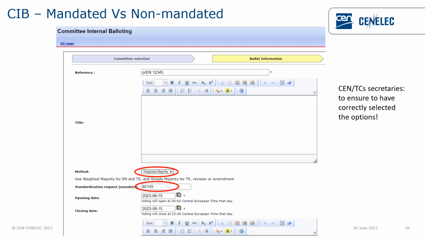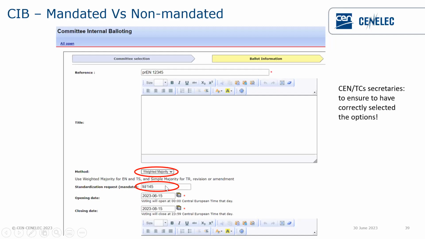And the fact that this field, standardization request in brackets mandate, is not empty will trigger from the CIB tool the approval criteria for mandated work. If this field is instead free, is empty, then the approval criteria for this CIB will be the one of non-mandated work. So this is something to which the secretary will have to pay attention.